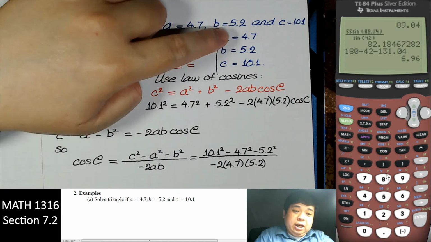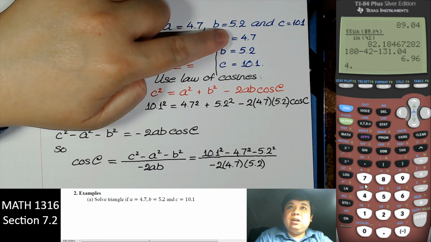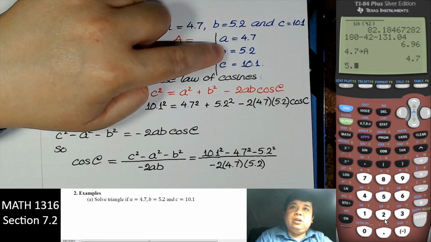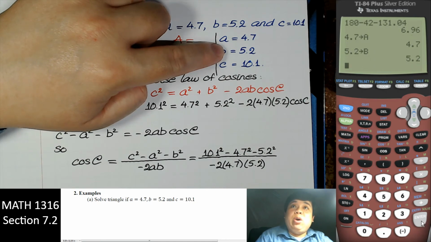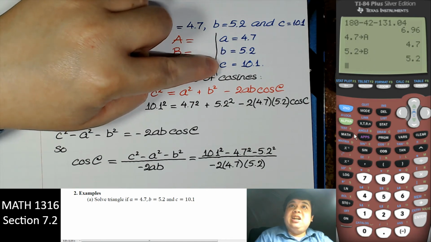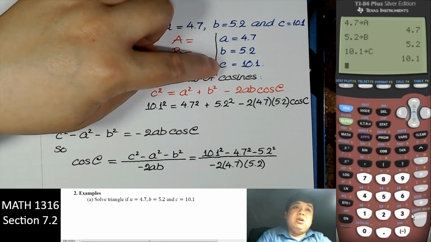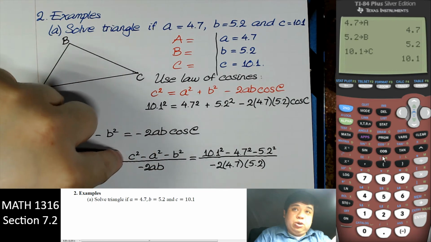So I will do 4.7, store alpha A, that A. 5.2, there's no lowercase, so that's why we have to use uppercase here. C, 10.1, store alpha C. Alright, so we store the numbers into the letters, and then we're going to do this.